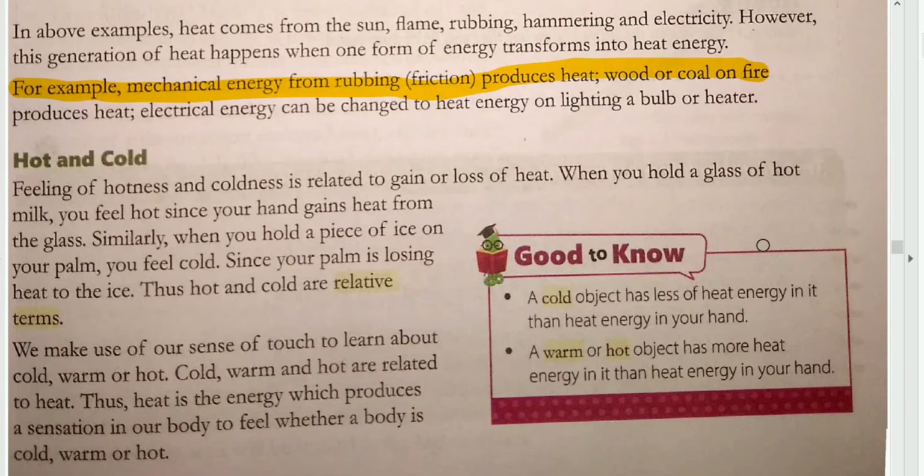This is particularly related to gain or loss of heat. So when we say an object is cold, it has less heat energy. And an object is warm, or we can say it is hot, when it has high heat energy.